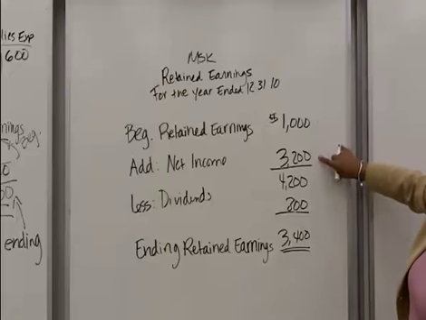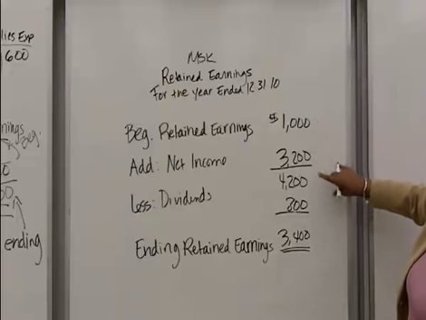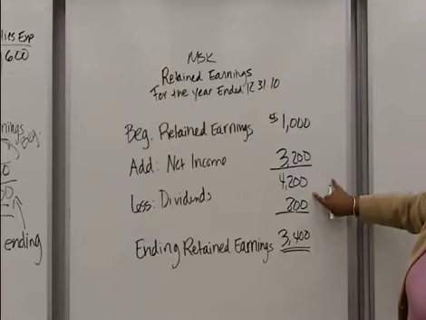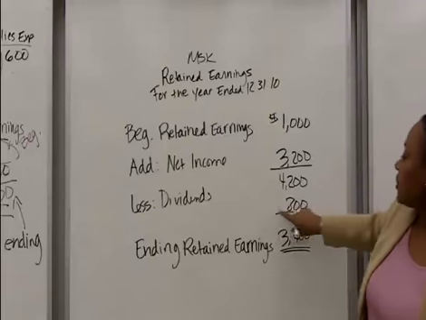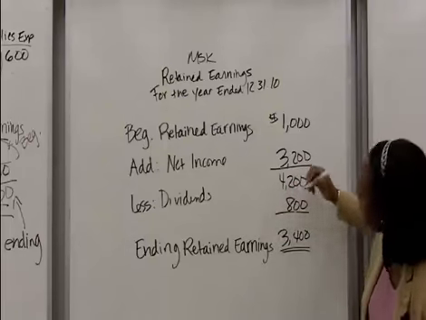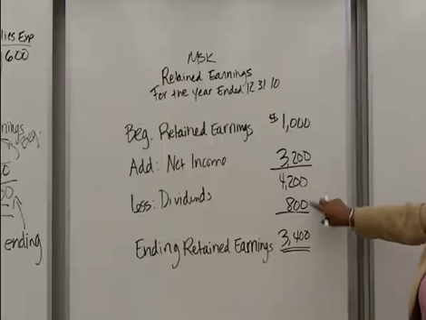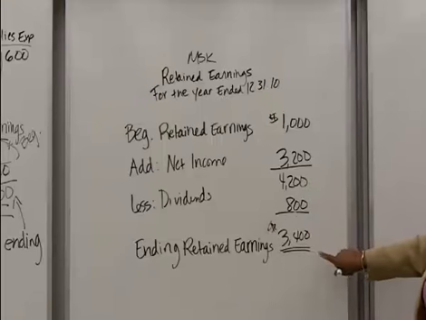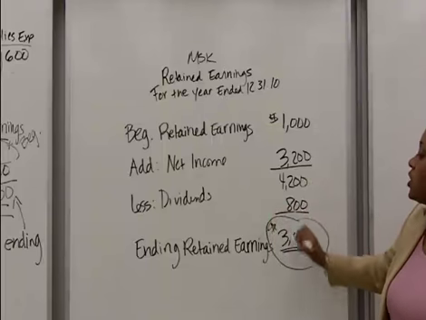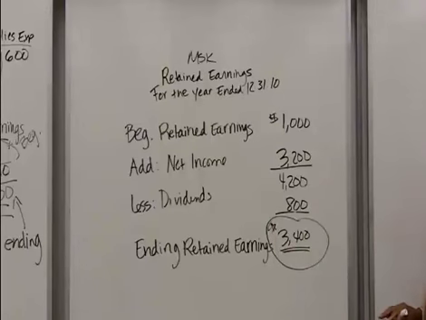Net income for the period from the income statement was 3,200. And then you had, let's see, a subtotal of 4,200. And then your dividends for the period was 800. 800 minus the subtotal, you came up with 3,400 as your ending balance. So when you finish doing all your closing journal entries, your retained earnings should agree to the balance you have at the end of the period.